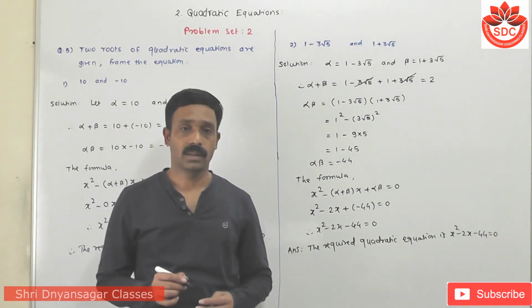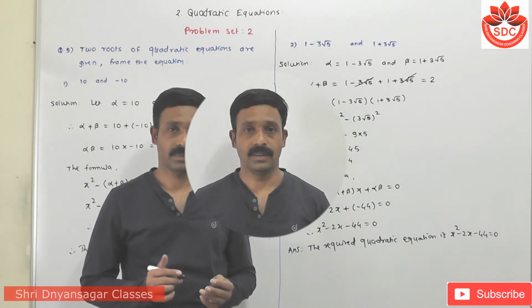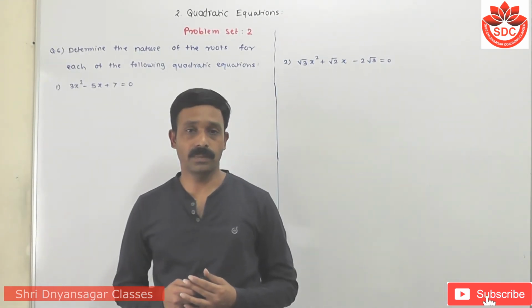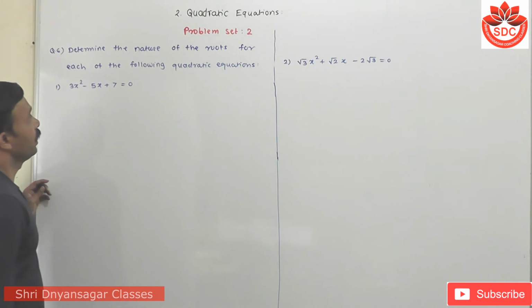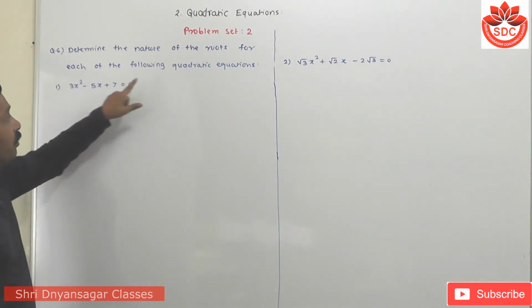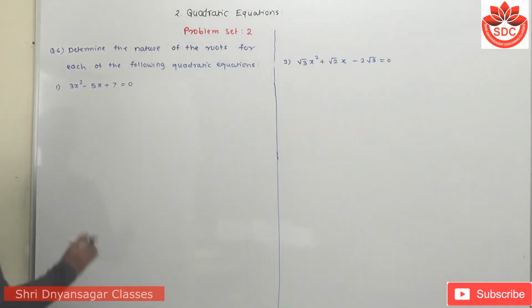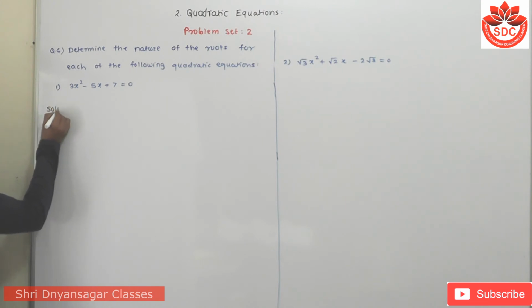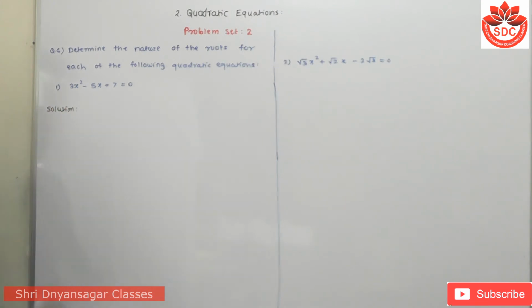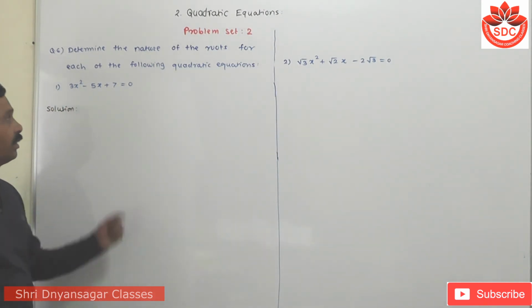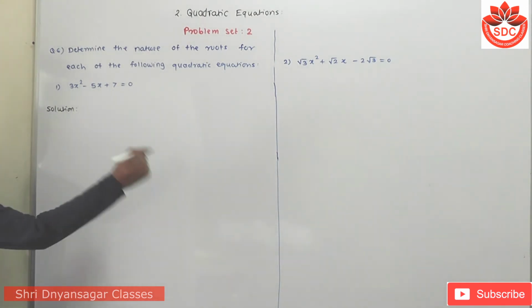Okay, we see the next question, question number 6. Determine the nature of the roots for each of the following quadratic equations. Now here is the solution. First question is 3x square minus 5x plus 7 is equal to 0.